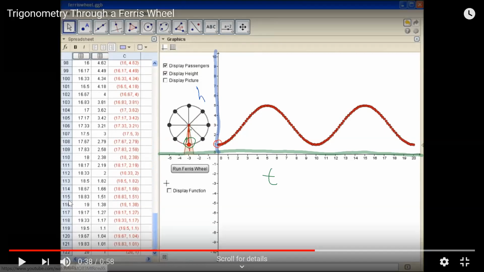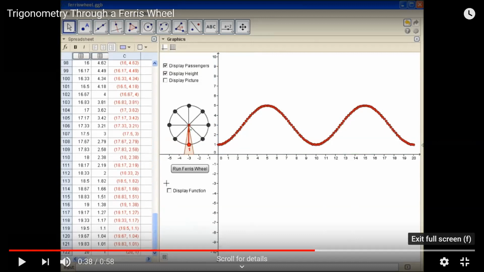Okay, and it could continue on from there. And hopefully what you notice in the graph there is kind of a repeating shape, right? Again, we started at the bottom, went up to the peak, and then back down, and up to the peak again, then back down. You can imagine that that pattern could continue. Okay, so we see a pattern forming in the shape of the function.